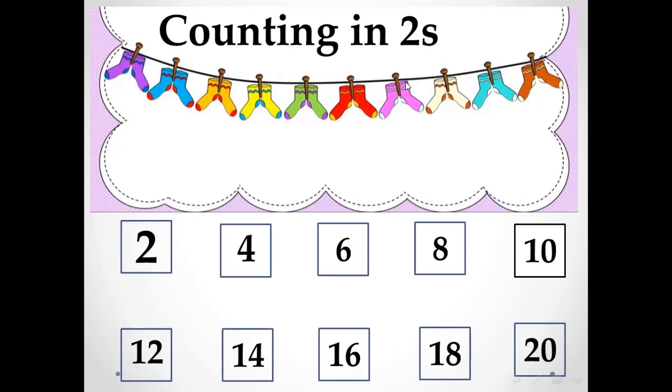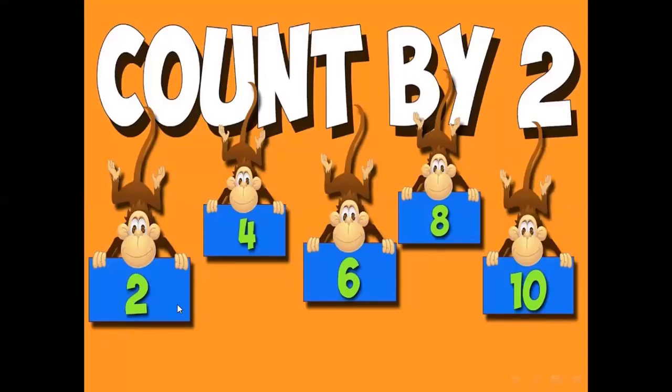And let's see how again we count in twos. I told you, skip one number. So I'm counting in twos like that. 2, 4, don't say 3. Don't say here 5. Skip one number. 6 and 8, 10.